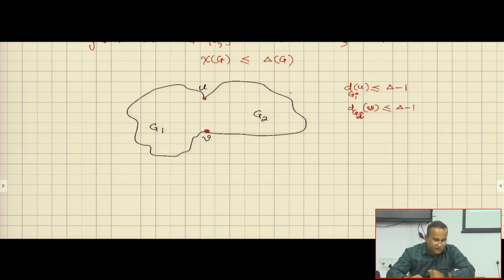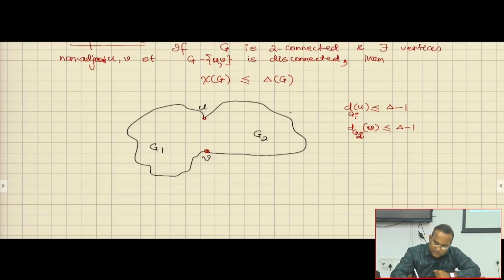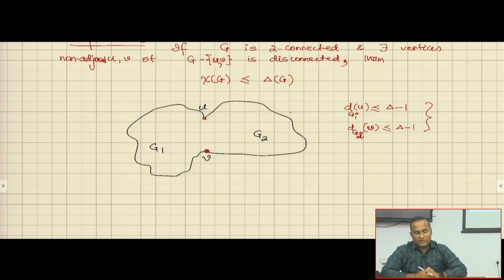Yeah, that is not the guarantee. Yeah, good. But this is the O scenario, less than or equal to delta minus 1 we are taking. If they are not of degree delta, then also it is less than or equal to delta.